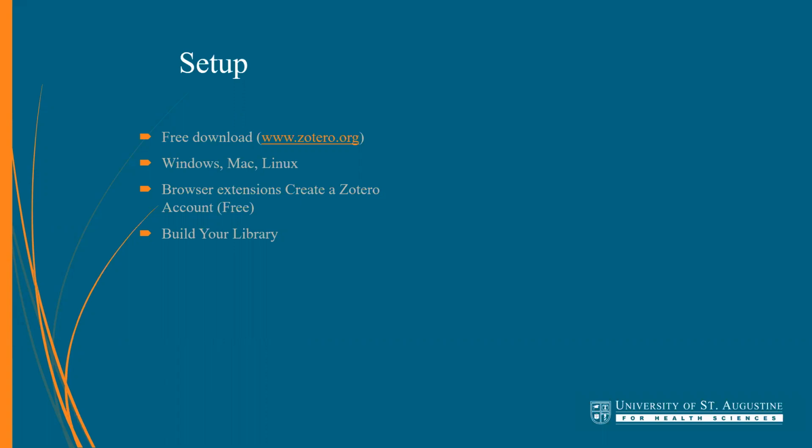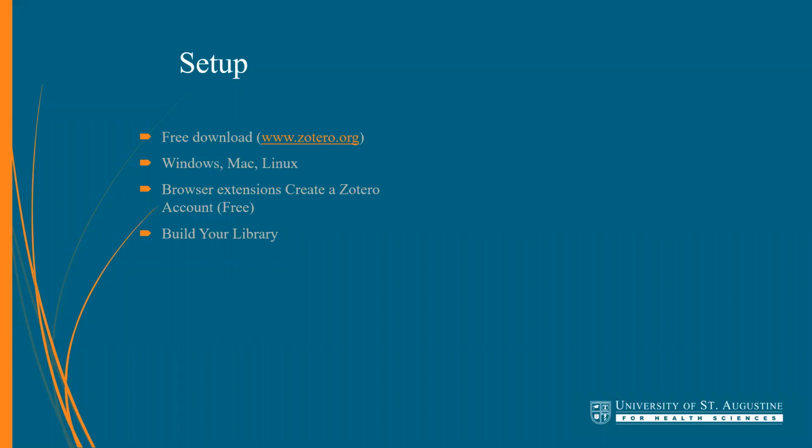Also, when we go to the downloading page there will also be your free browser extension, which is really crucial. That's one of the benefits of the tool, really, that the browser extension makes it a lot easier to add citations to your library.